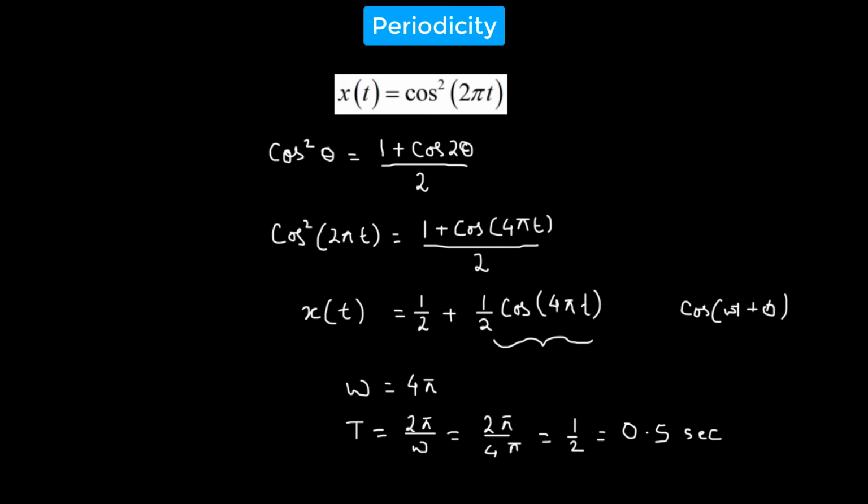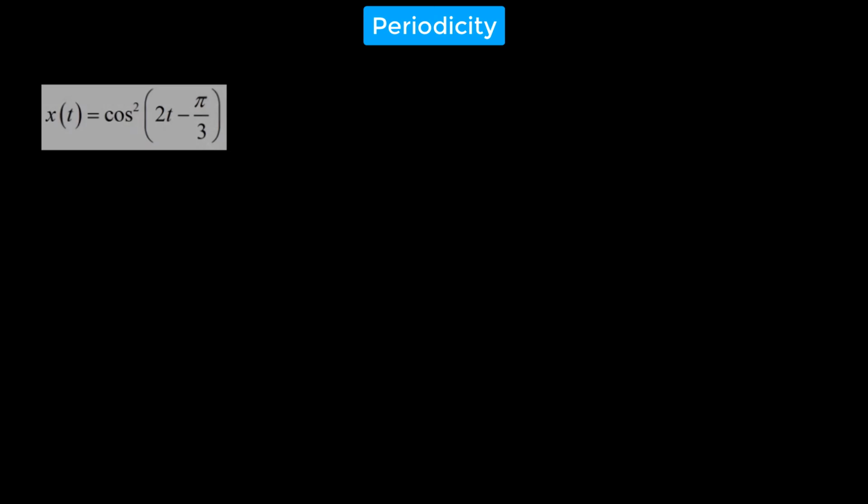It's measured in radians per second. So this is going to be the period of this continuous time signal given by cosine square of 2 pi t. Let us do another problem.